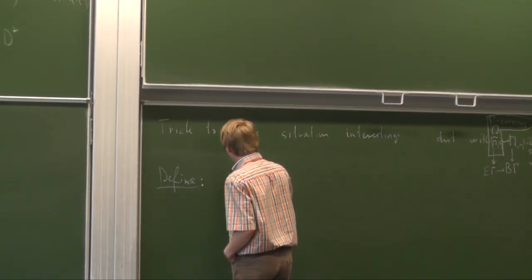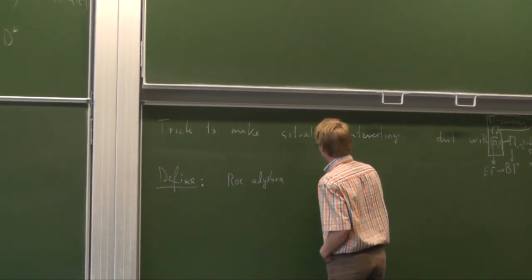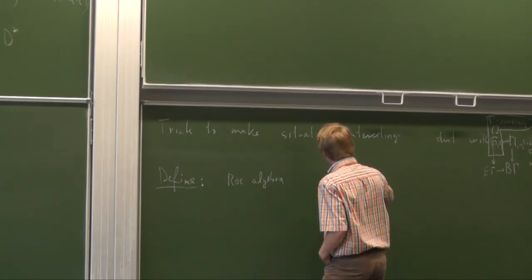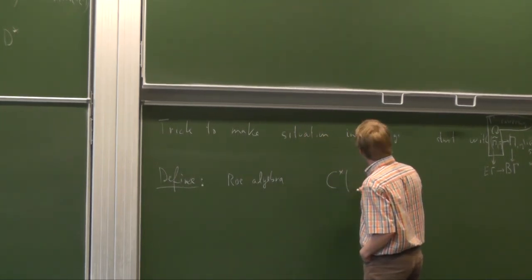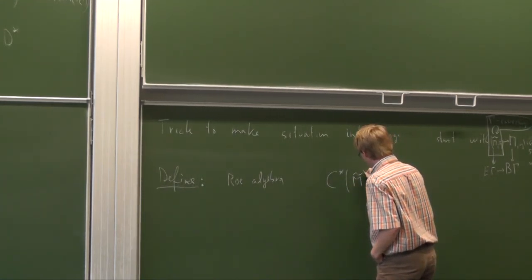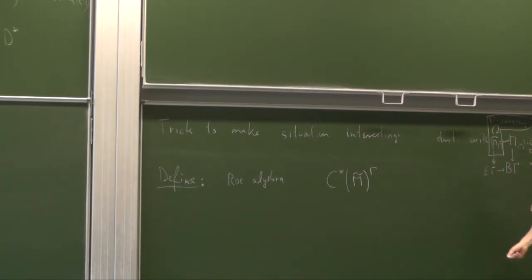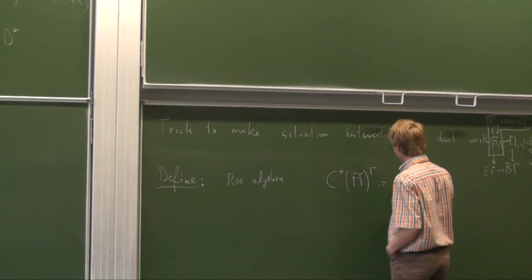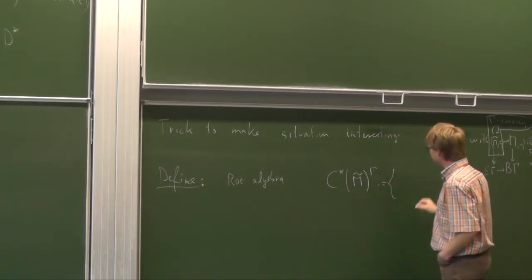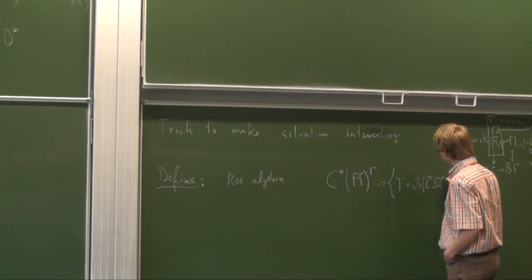And we define one of them called the Roe algebra. C-star of M tilde, and I'm actually taking inside it some gamma invariant part. So we will have the C-star of M tilde gamma, which already came up in the first talk. And now the task is to define what it is. Well, by definition, it's going to consist of bounded operators T on L2 forms.